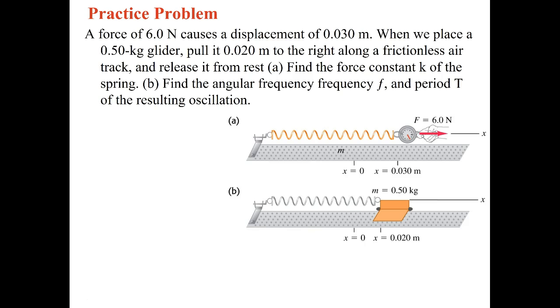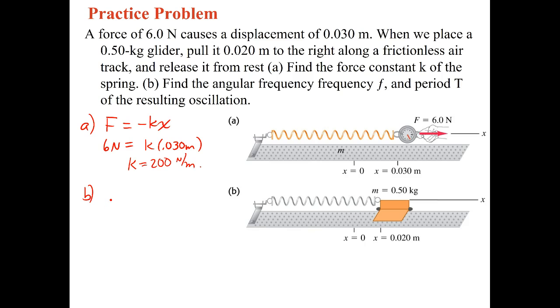Okay, so first of all, for the force constant, F is equal to negative kx, so 6 newtons is going to be k times 0.030 meters. And so then when we plug that in, 6 divided by 0.03, we're just going to get that k is equal to 200 newtons per meter. Usually the spring constant is force divided by distance.